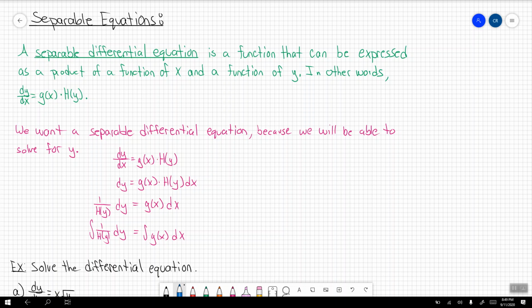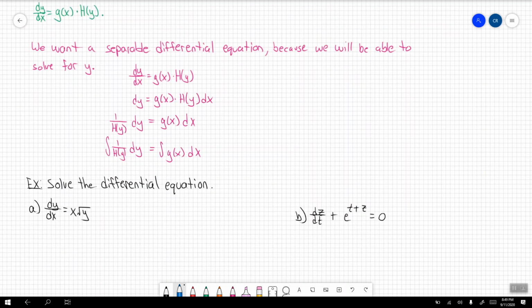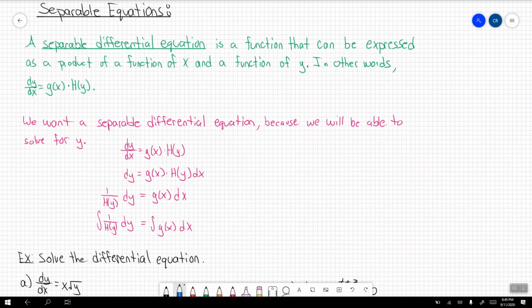Now, we want to get a separable differential equation because it will help us solve for y. If we have a differential equation, that means we took a derivative of some function of y with respect to x, and we were looking at g of x times h of y. Now again, we got to keep this in mind.